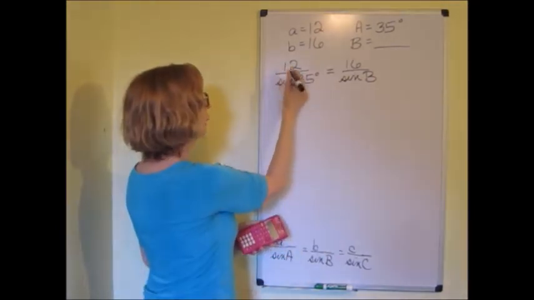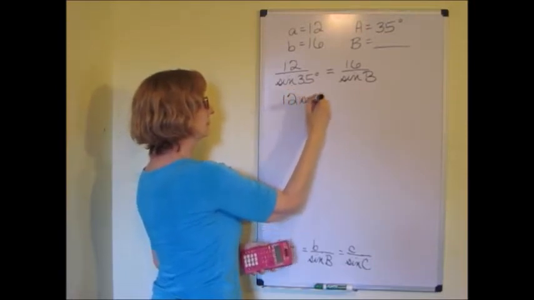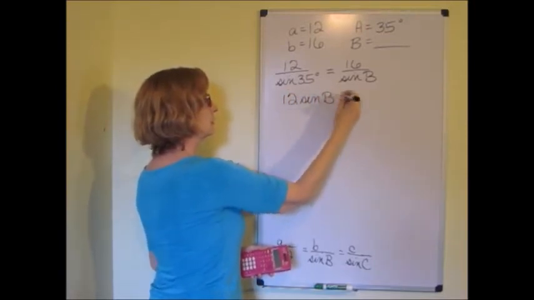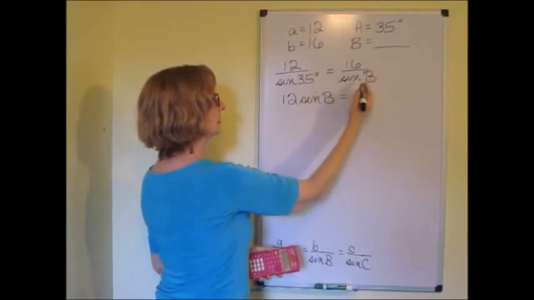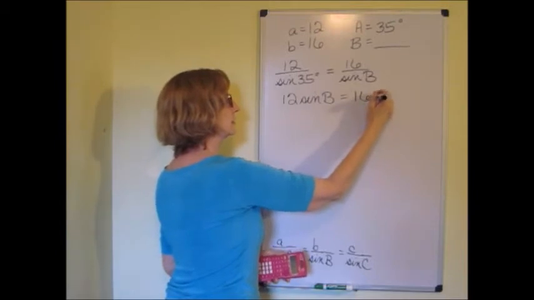So I'll take 12 times the sine of B is equal to our other cross product, 16 times the sine of 35 degrees.